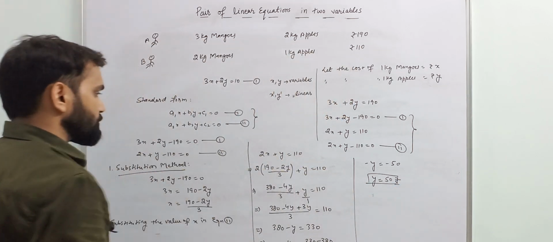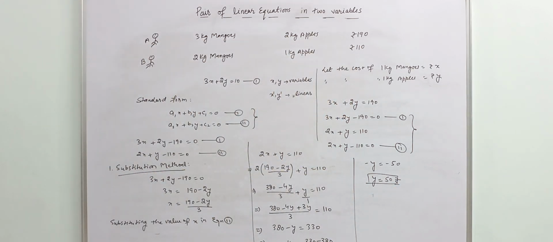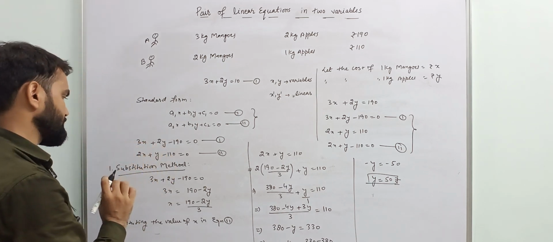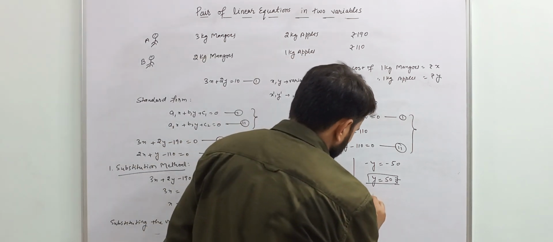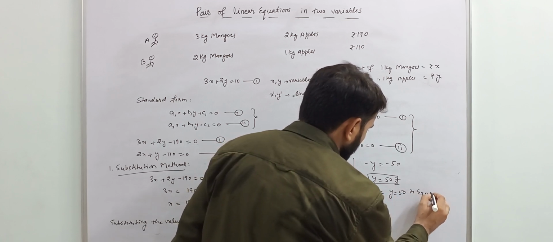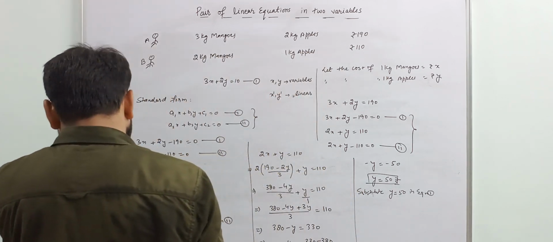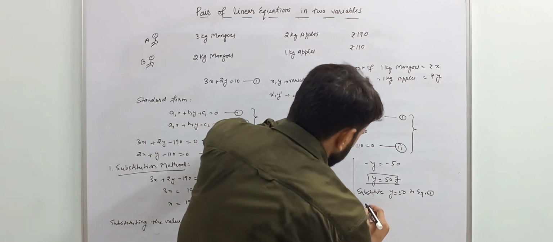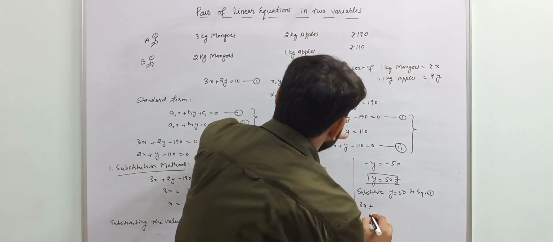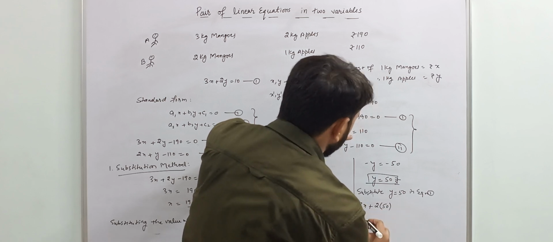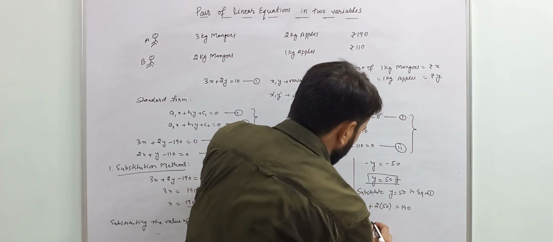Alright. Now just put the value of y in any equation. You can write here or in the first equation. So just substitute y is equal to 50 in equation 1 and find the value of x. So what is the first equation? First equation is 3x plus 2y, where the value of y is 50, is equal to 190 rupees.